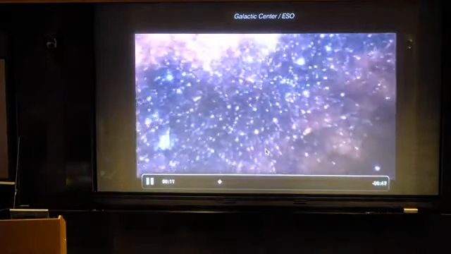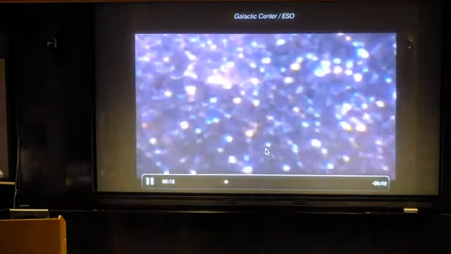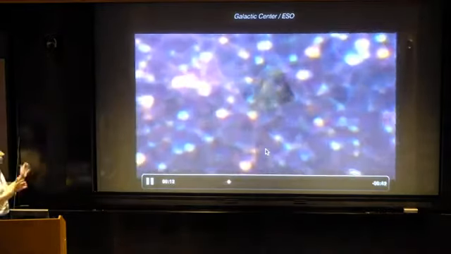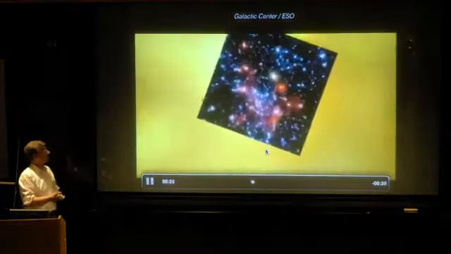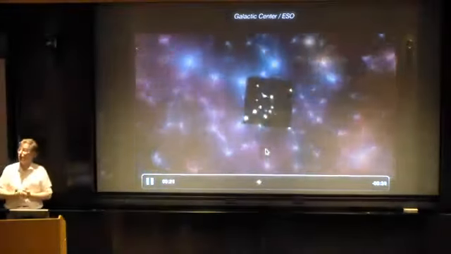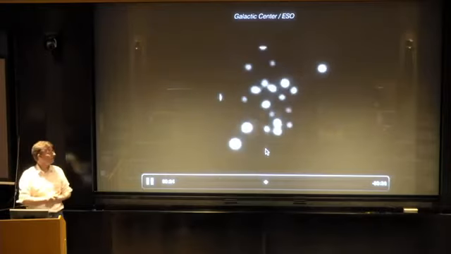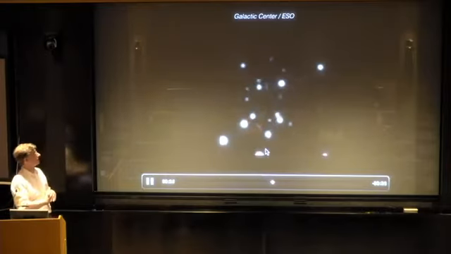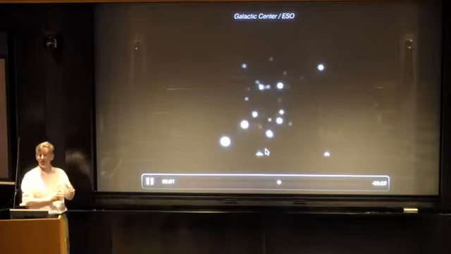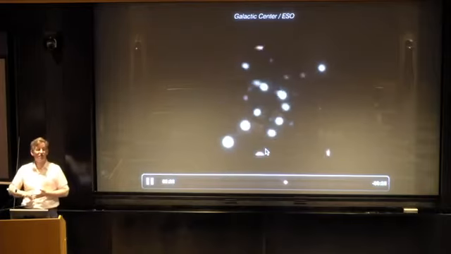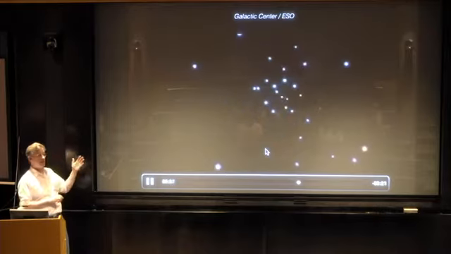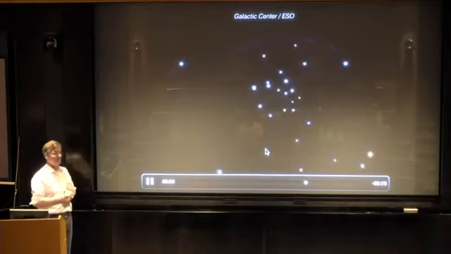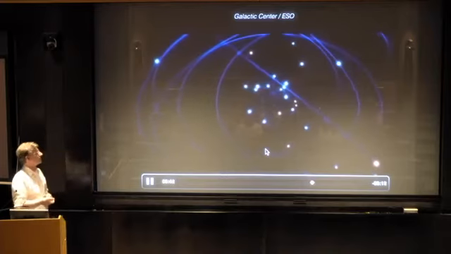It zooms in from a big piece of the sky, moving through different wavelengths, starting in the optical and then moving into the infrared, so that one can ultimately see individual stars orbiting around the black hole in the center of our galaxy. So this is work that's associated with Reinhard Genzel and company at MPE, and Andrea Ghez and company out at UCLA. There's intense competition between these two groups.